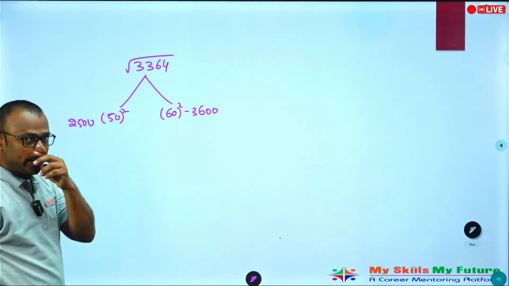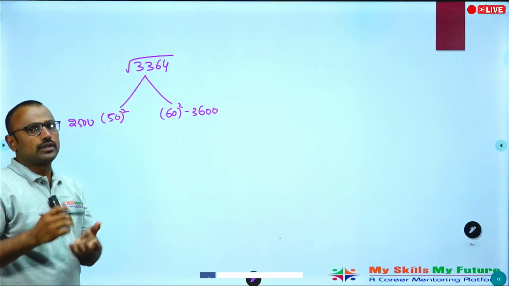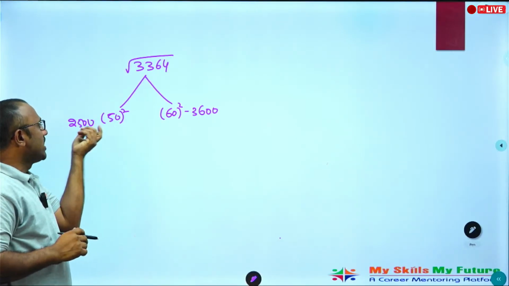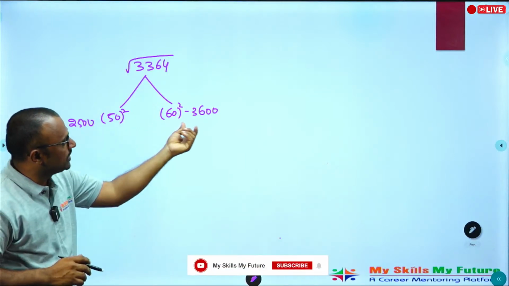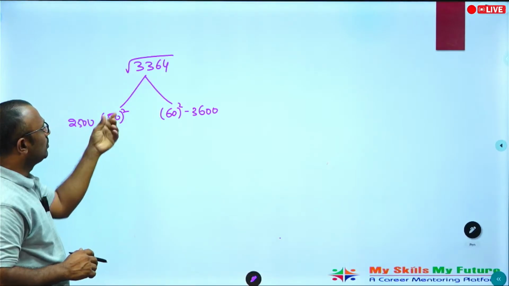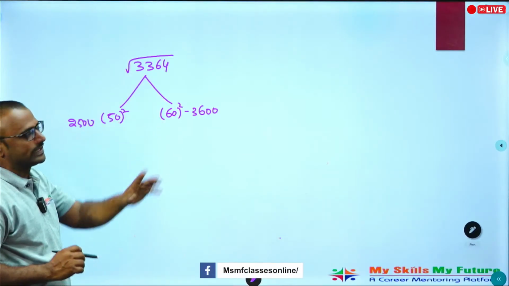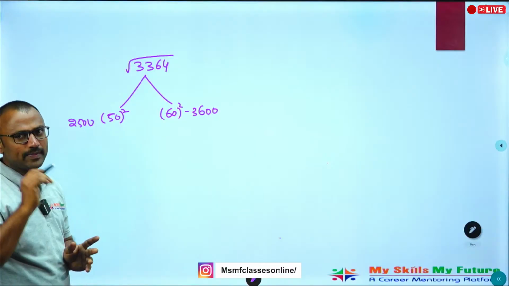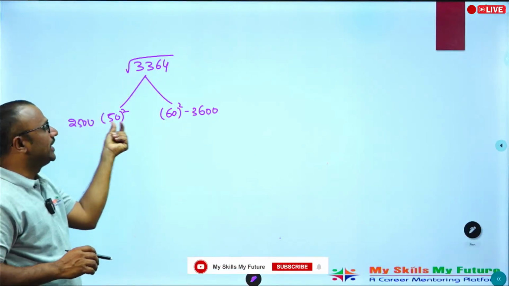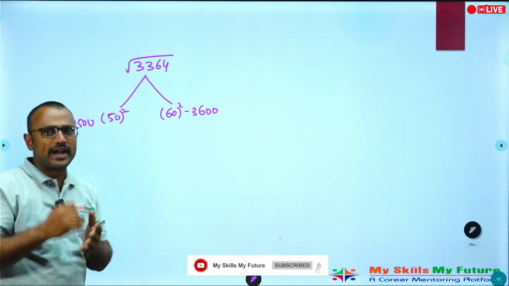See here carefully, what is the root of 3364? 50 square is 2500, 60 square is 3600. So the square root of this number lies between 50 and 60. Are you getting it? How could we find that number exactly?